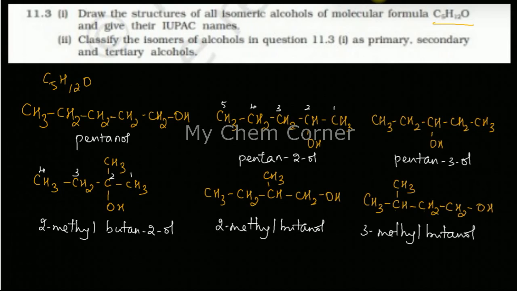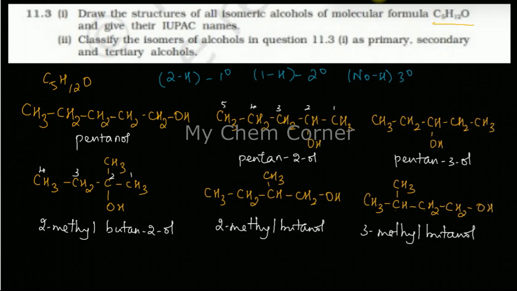When the carbon bonded to an OH group has 2 hydrogens, this is going to be a primary alcohol. When an OH group is bonded to a carbon that has 1 hydrogen, that's going to be a secondary alcohol. And one which is bonded to no hydrogens is a tertiary alcohol.